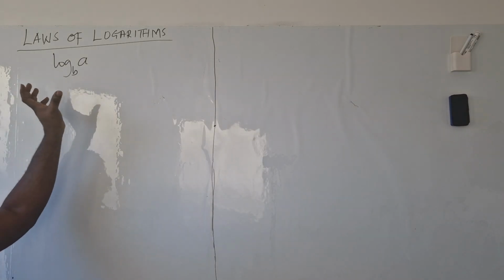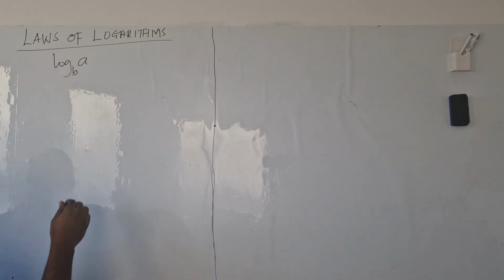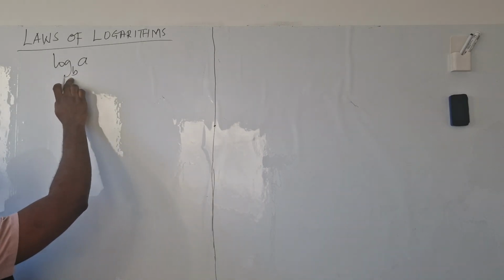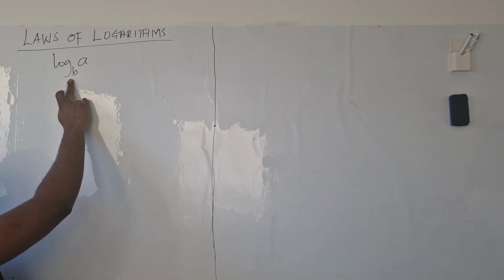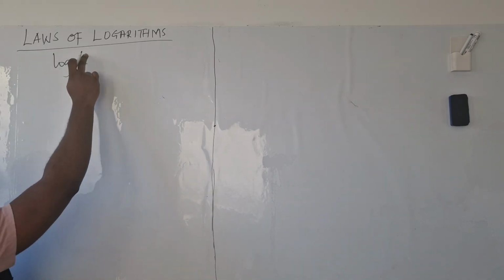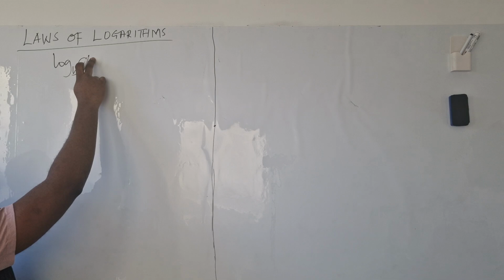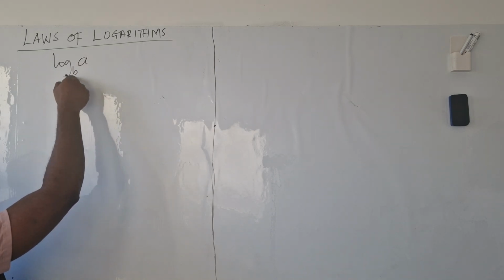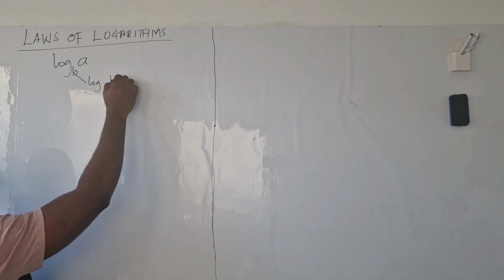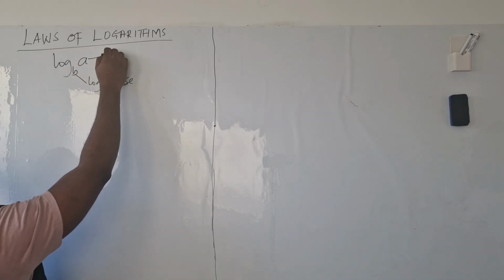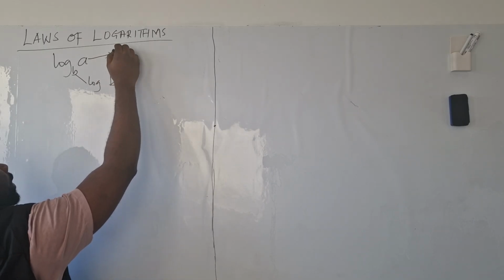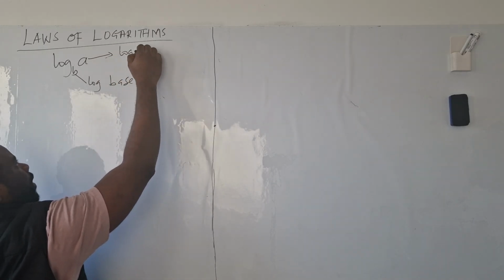When you have a log term written in that form, you see that we have one number down here as a subscript of the log, and then we also have another number there. The one down here written as a subscript, we call it the log base. And the one in front here, we call the log number.